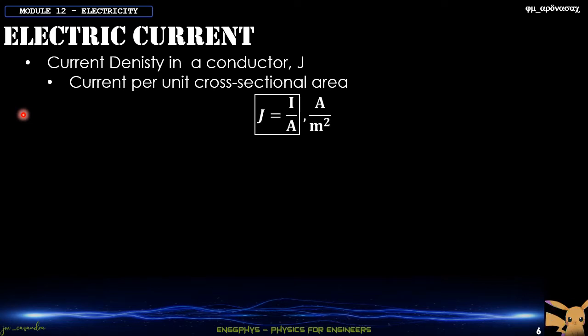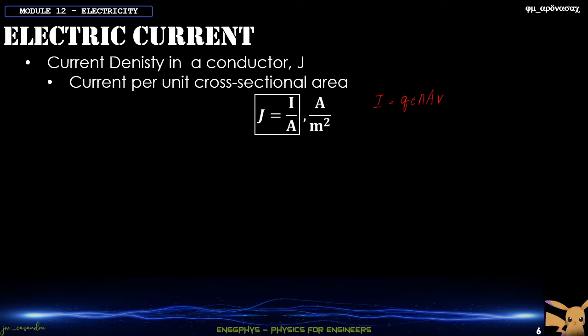So if we're going to relate now your current density to our equation in relation to the drift velocity, so I is equal to QE NAV.